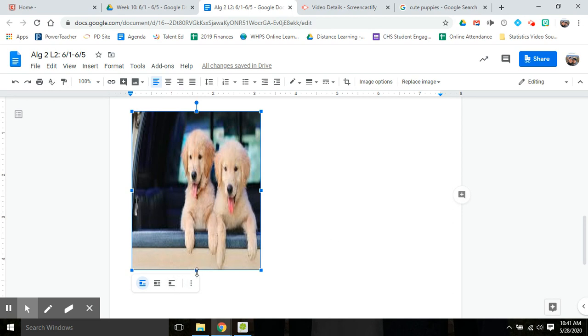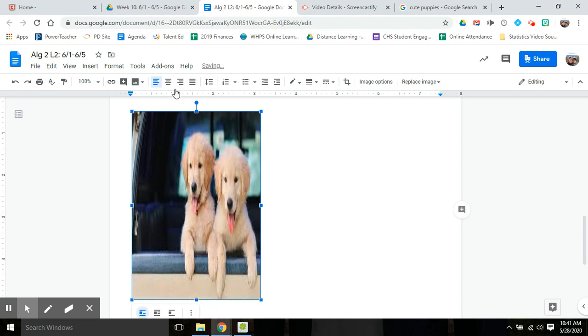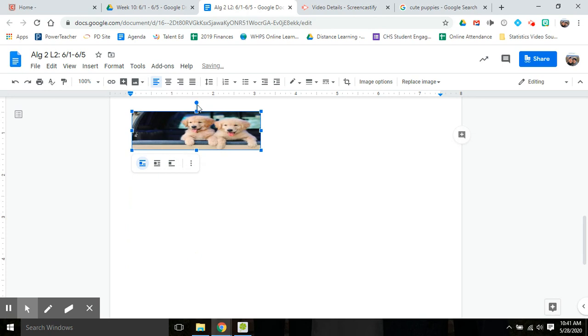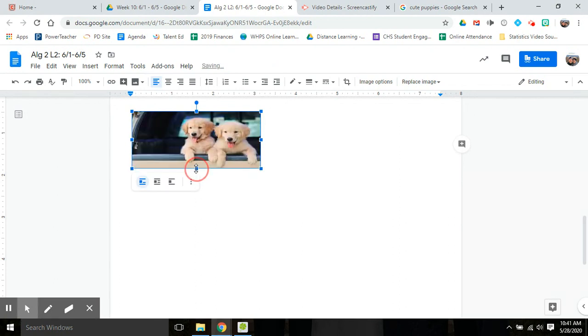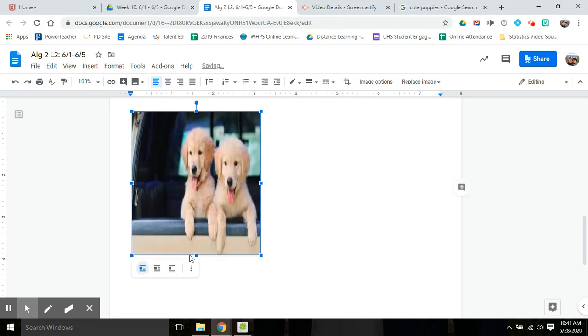If I take these puppies and do a vertical shrink on them, they get shorter. They're not changing width or anything. They look wider, but they're staying the same width, just getting shorter. So when you think about this vertical stretch and shrink, think these x values are staying the same. It's the y values that are stretching out.